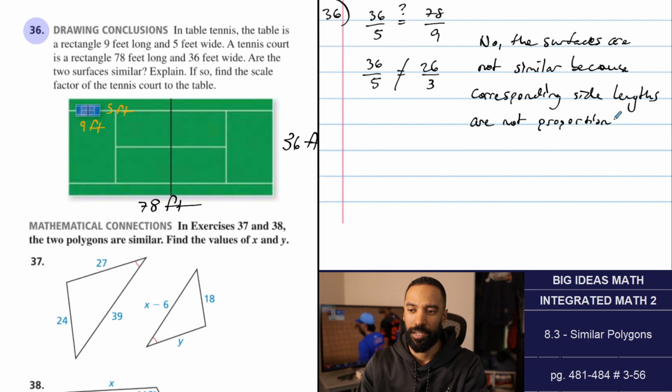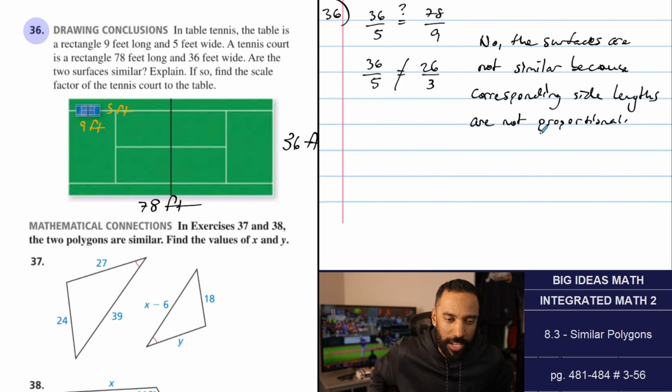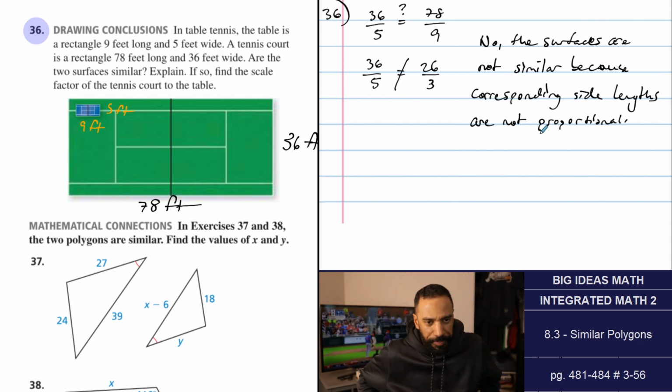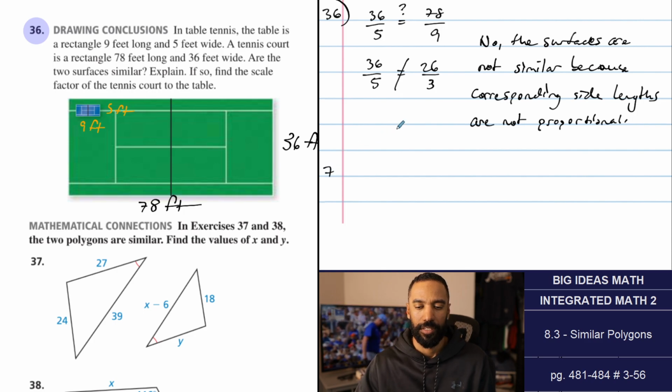Sorry about that, I probably should have typed that. It said, if so, find the scale factor of the tennis court to the table. And there isn't one, because it's not a similarity thing.